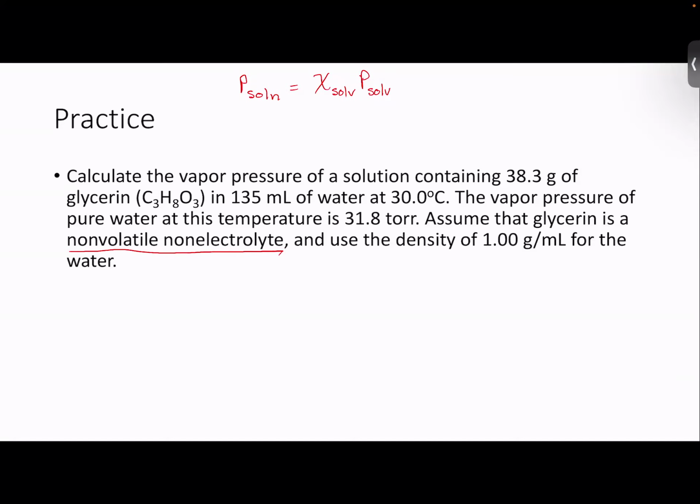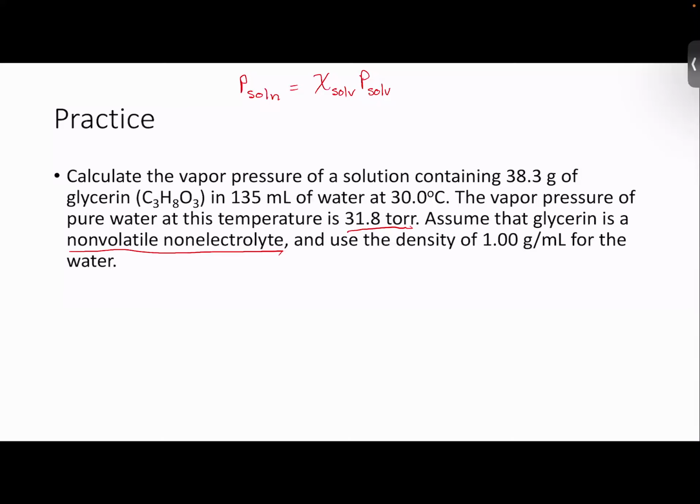Well, the easiest way is because there is only going to be one pressure in that problem. So you'll know it's a non-volatile non-electrolyte if there's only one pressure in that problem.